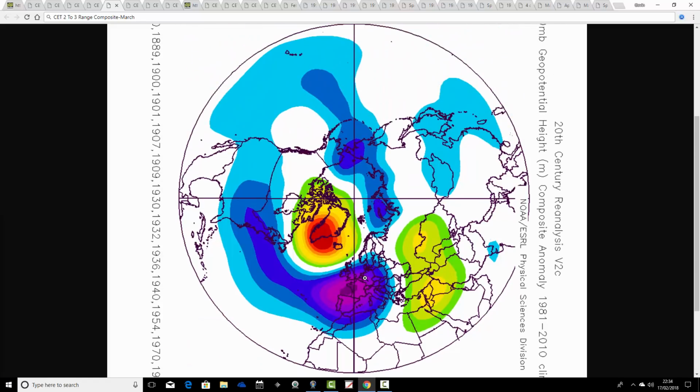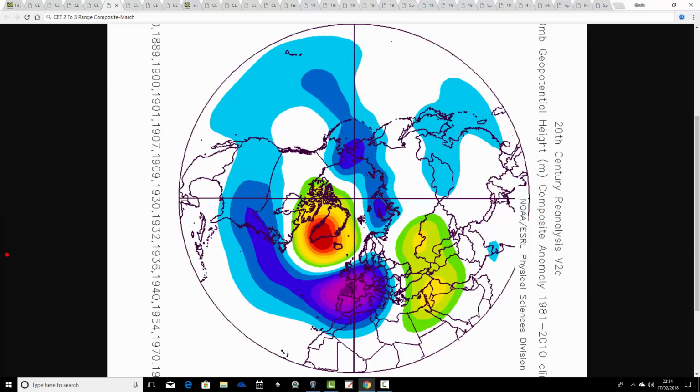If we combine all of those years, we find a very strong block signal, stronger perhaps for this composite, even compared to the previous Marches we were just looking at, which followed Februaries that were only slightly colder than average.